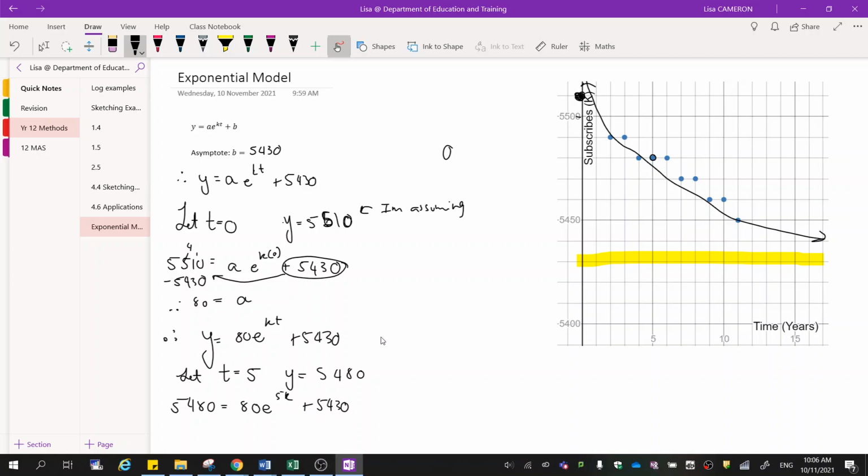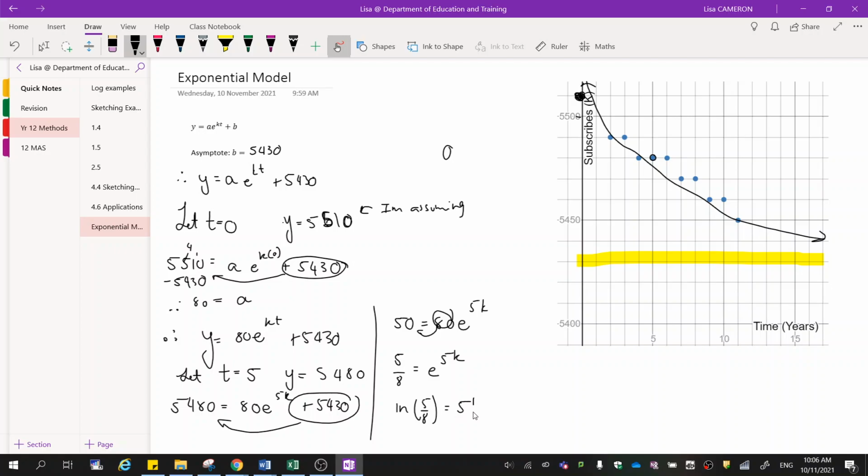5,430. The first thing I'm going to do is take this one to the other side by subtracting, which will leave me with 50 on this side equal to 80e^(5k). Now I'm going to take the 80 across by division, meaning I'll be left with 5/8 equal to e^(5k). Next I'm going to take the e across by taking the natural log of 5/8, and that will leave me with 5k.